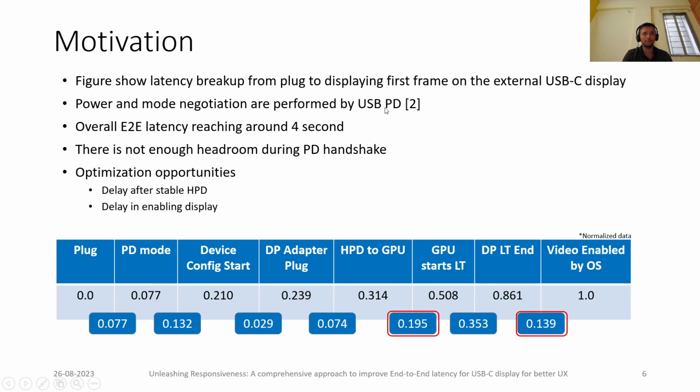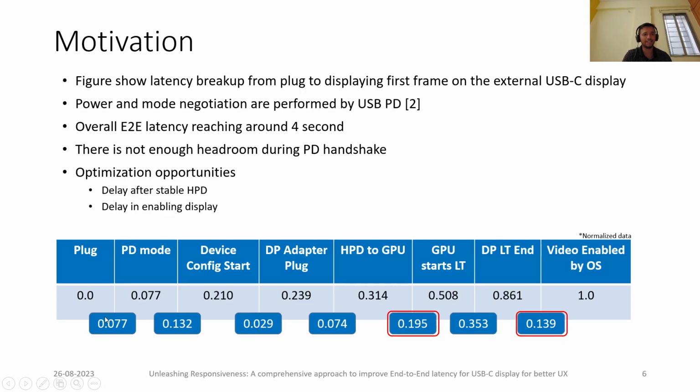Now let's move to motivation. As you see in the figure, this is the breakup from plug all the way up to video enabled by the OS. From plug to DP adapter comes under the PD and EC flow, and from HPD to video enabled by the OS comes under the display driver. Our observation was that the overall end-to-end latency was reaching around 4 seconds, which is not good from a user experience perspective.